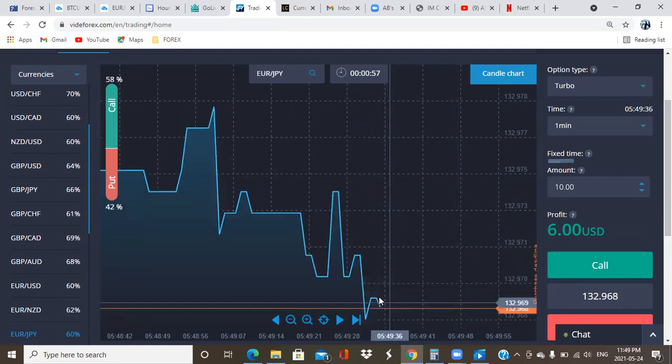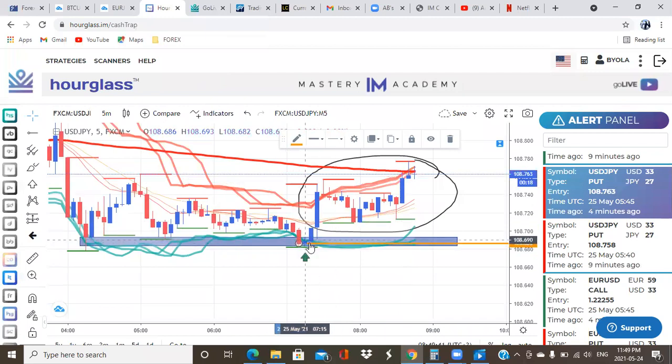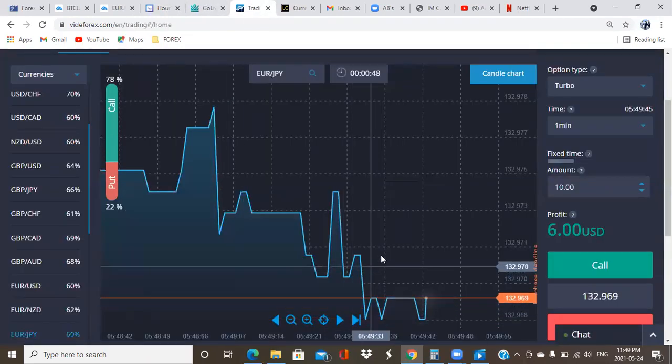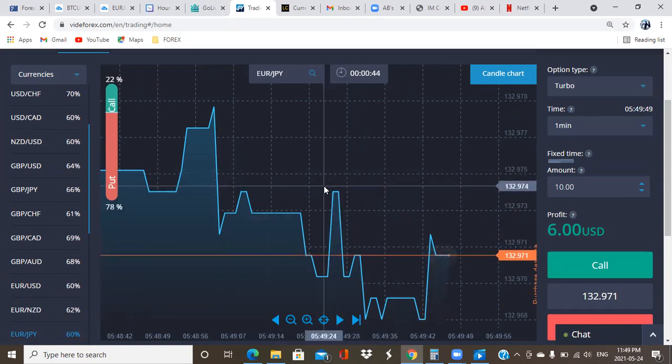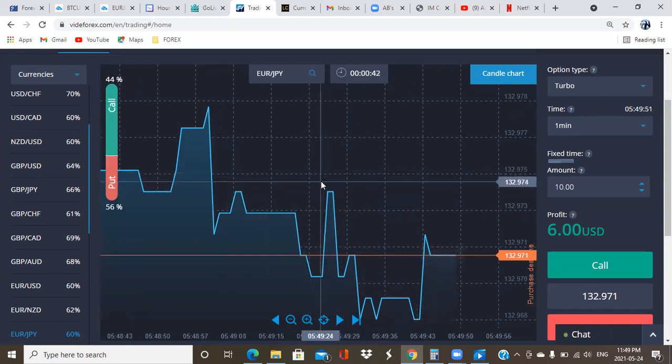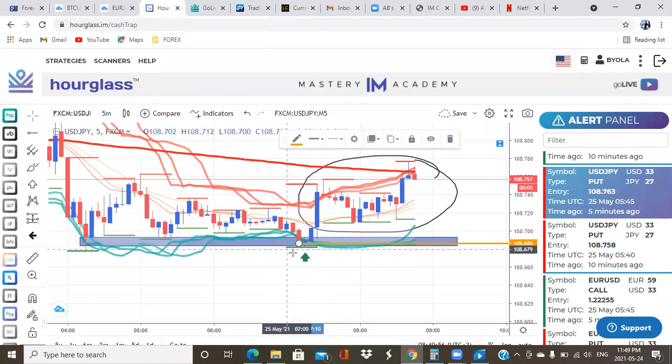So that's like 2% of your account. Within 3 minutes, all things being equal, this trade is expected to clear. And if it doesn't clear, you can do rollover, and you know that at any point in time you are not risking more than 3% of your account. If you stick to that, I'm telling you that you're going to grow your account and you'll be able to manage your losses.